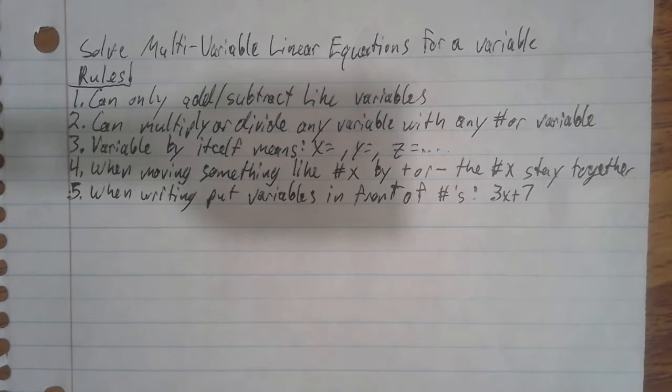However, for rule 2, we can multiply or divide any variable with any number or variable. So you can do X times Y and get something. Or you can do Y divided by Z and get something. When I say a variable by itself, I mean it's X equals something, Y equals something, etc.